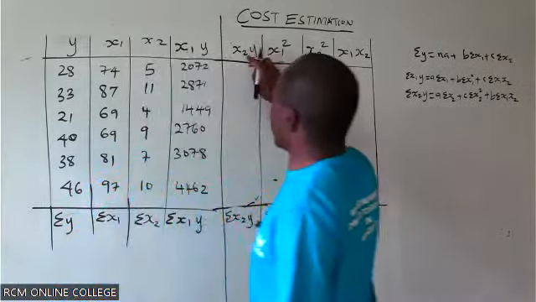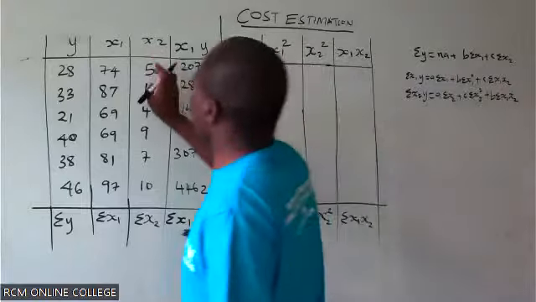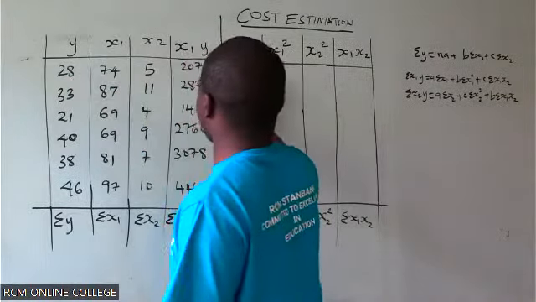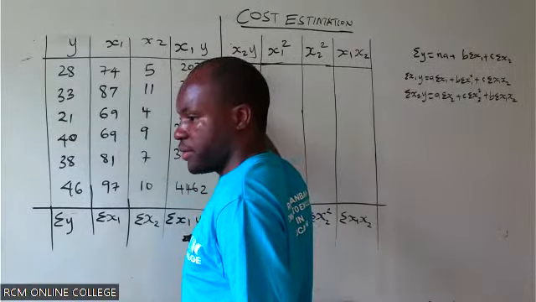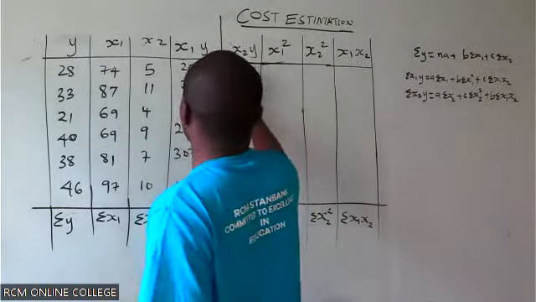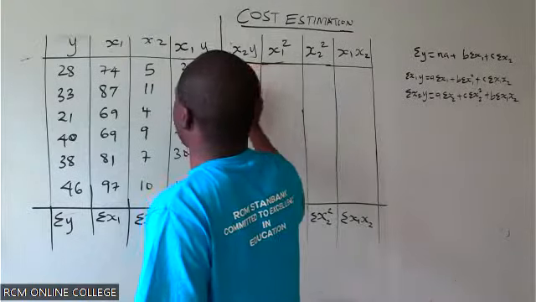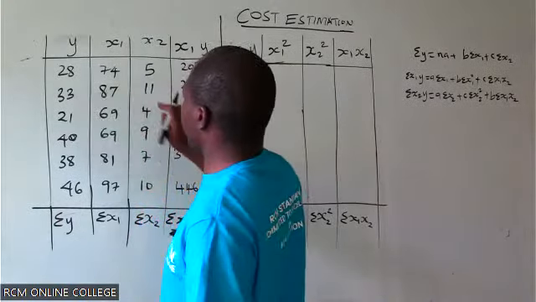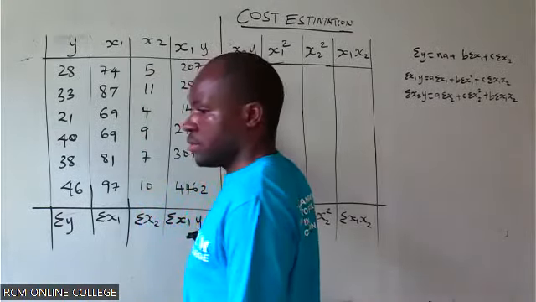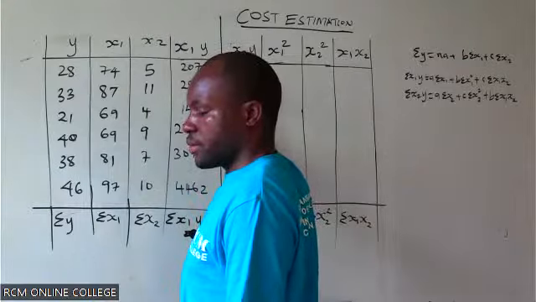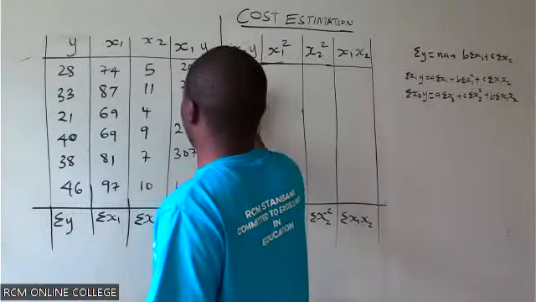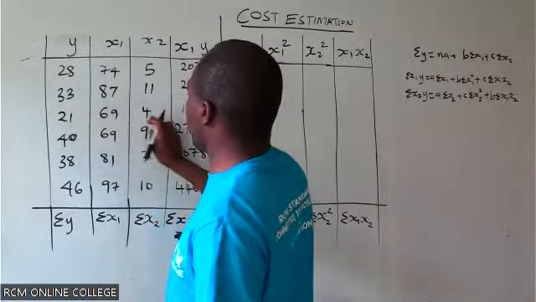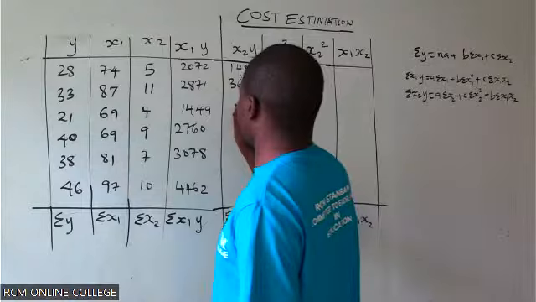Okay, we can go ahead and get X2Y. This one here times this. So 28 by 5. What do we have? 140. Then 33 by 11. 363. Then 21 by 4. That is 84.